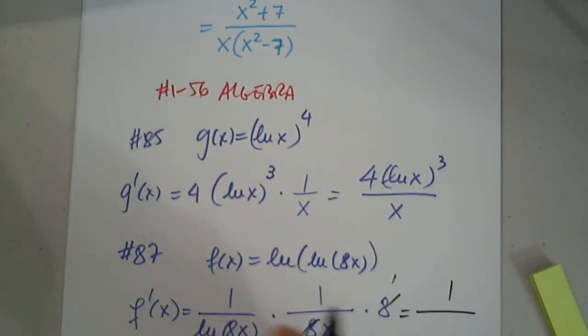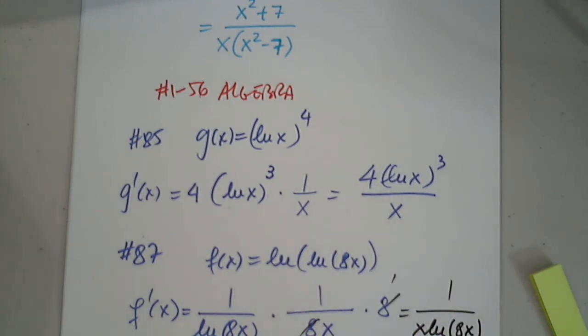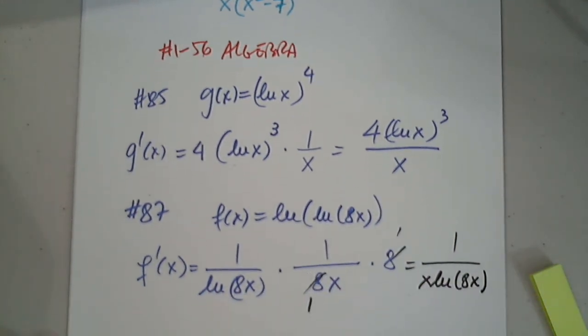I will put x in front of the natural log of 8x. Any questions so far? What would you like me to do next? Word problems or more practice of this? Anyone?